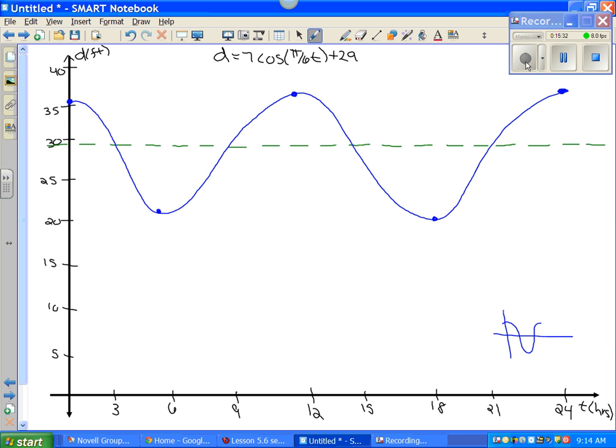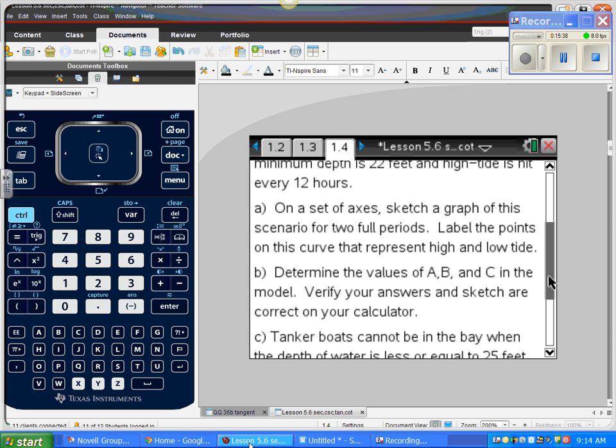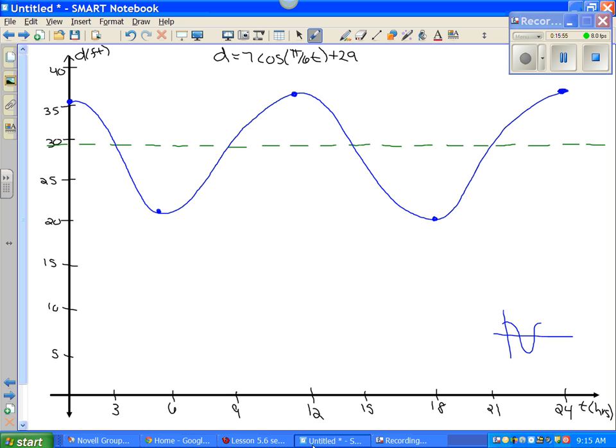All right, now, the problem asked us to do what? Let's go back. What does part A tell us to do? Yeah, sketch the graph, 2 full periods, and label the points that are high tide and low tide. Okay, high tide and low tide. Where do we find high tide?